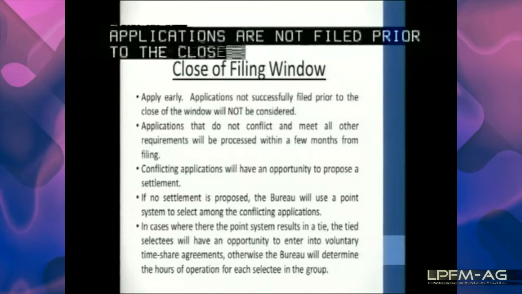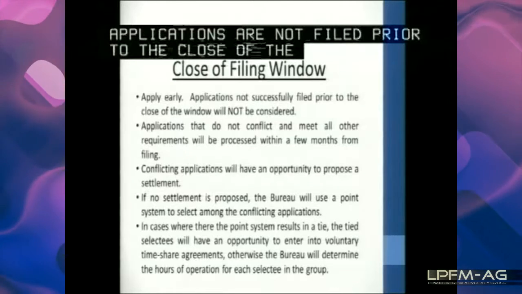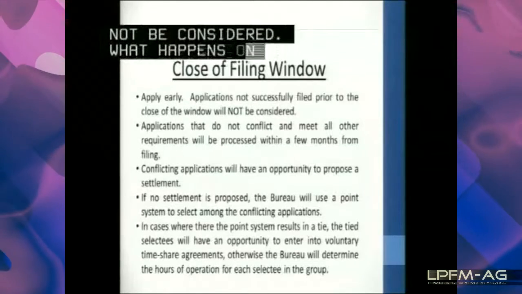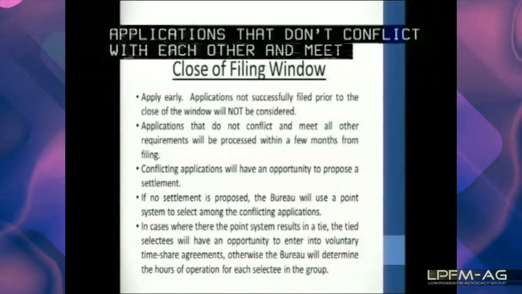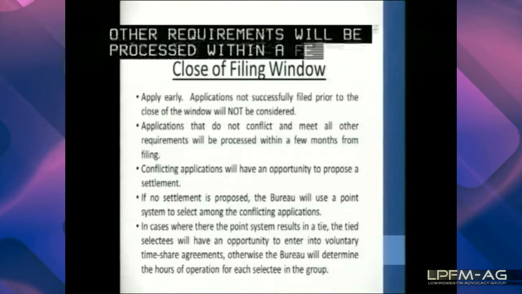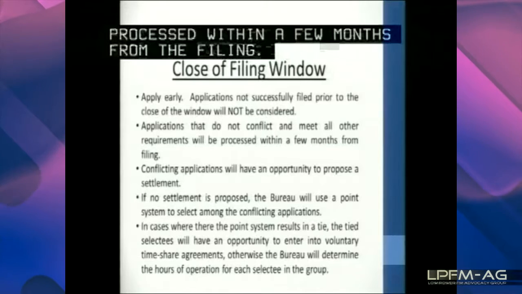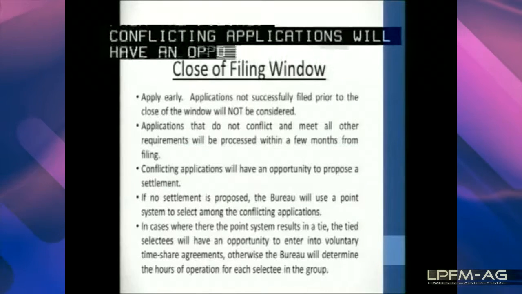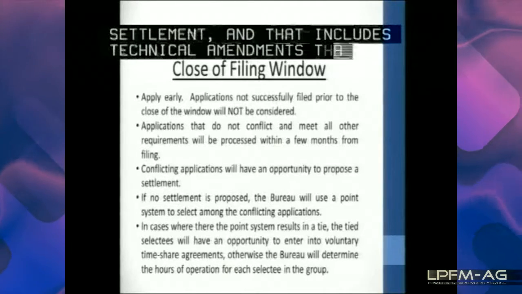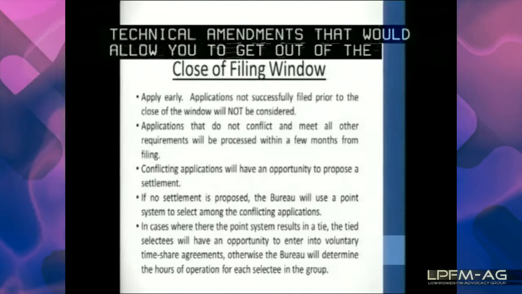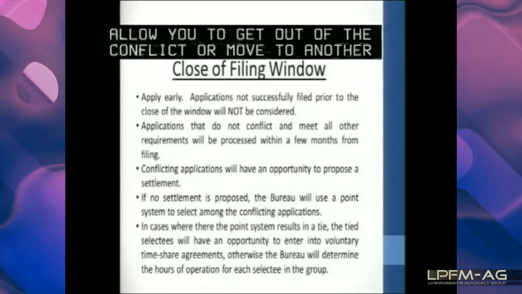So what happens once the window closes? Applications that don't conflict with each other and they meet all other requirements will be processed within a few months from the filing. Conflicting applications will have an opportunity to propose a settlement, and that includes technical amendments that would allow you to get out of the conflict or move to another station or another area.